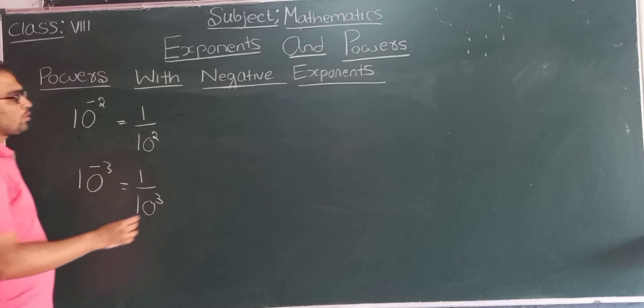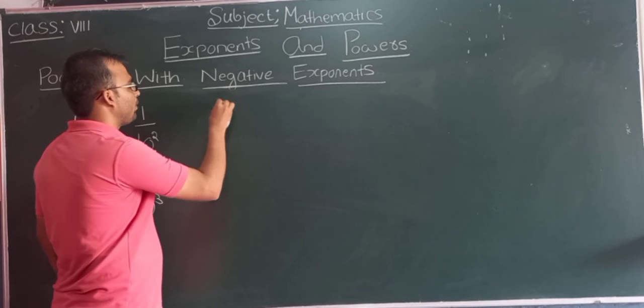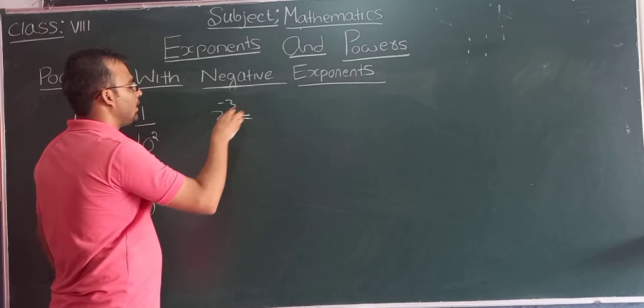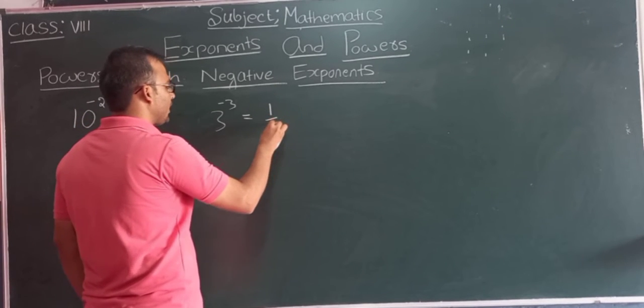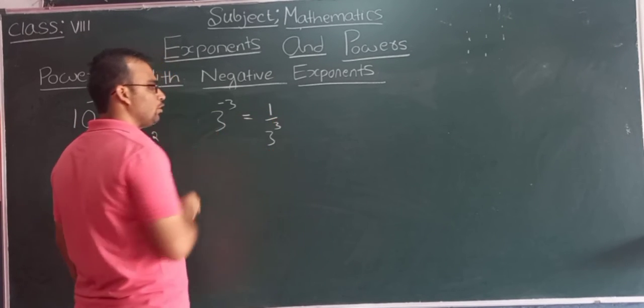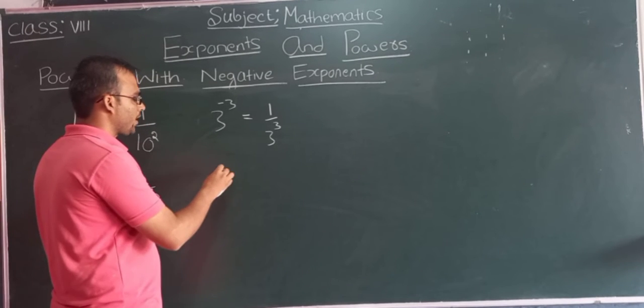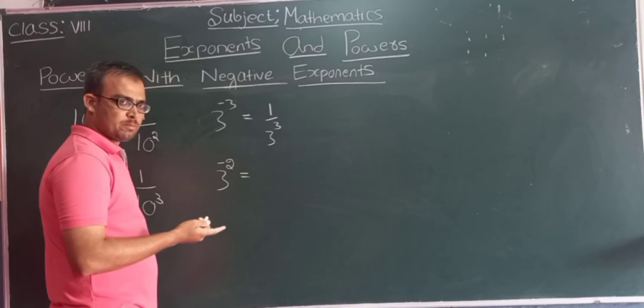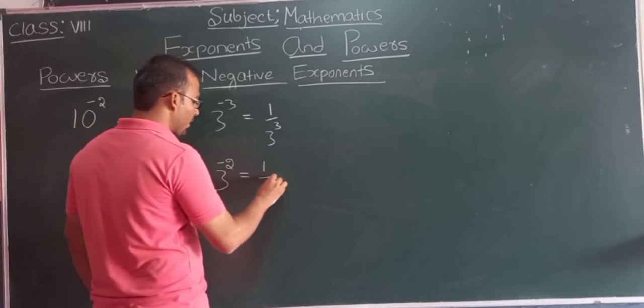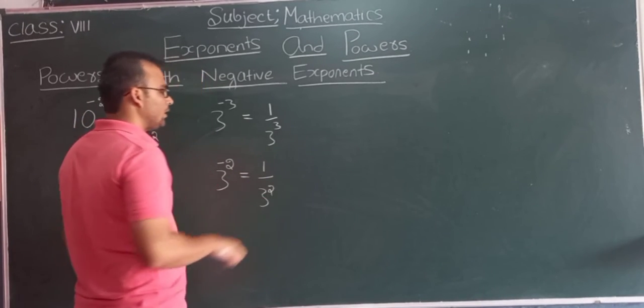Suppose here 3 to the power minus 3 is there. Then how to express this in positive form? We need to reciprocal this, that is 1 by 3 to the power 3. Suppose 3 to the power minus 2 is there. How to express in positive form? That is 1 by 3 to the power 2.